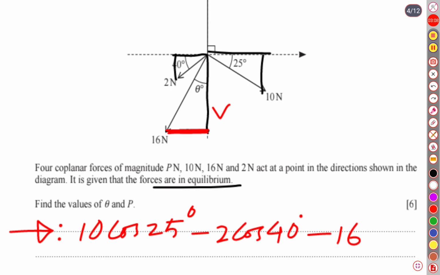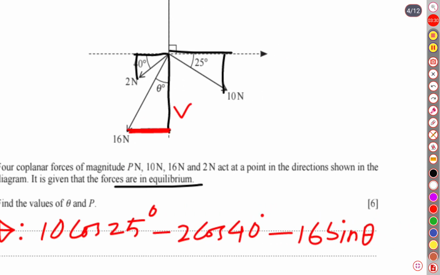This axis is in terms of this triangle, this is a vertical axis, a perpendicular line. So it is going to be sine instead of cos: 16 sine theta. In the question it is written that the forces are in equilibrium, so there will be no resultant force. That means it is 0.